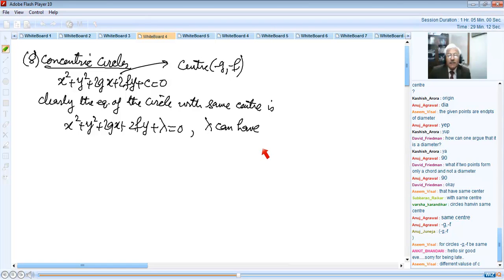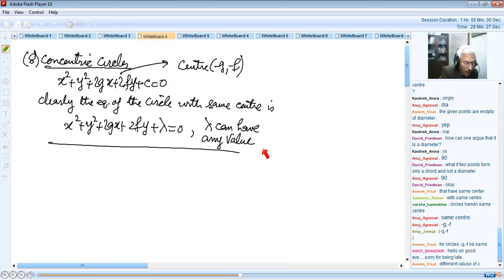Correct. Lambda can have any value. So this is much more useful when we do questions on concentric circles.